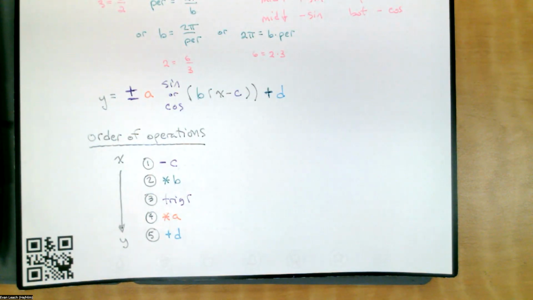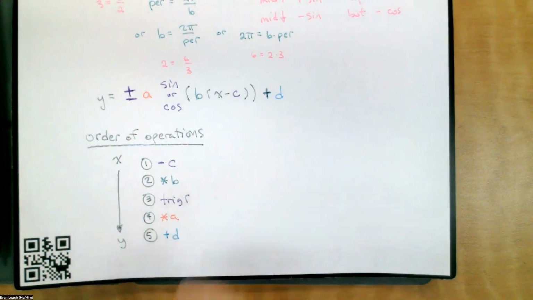So here's what we want to observe. Notice that there were two operations before we got to the trig function and two operations after. The two operations before the trig function have horizontal effects. The minus c tells us our horizontal shift. Multiply by b tells us the period, our horizontal stretching or compression.